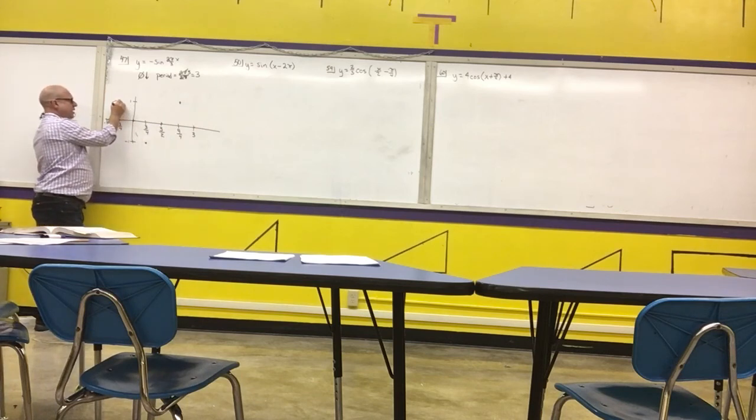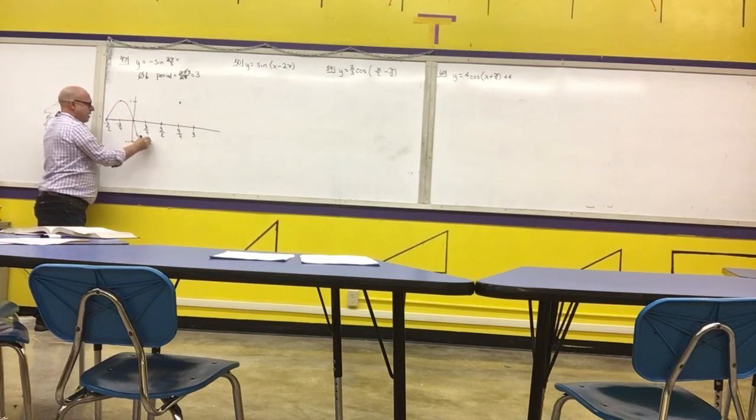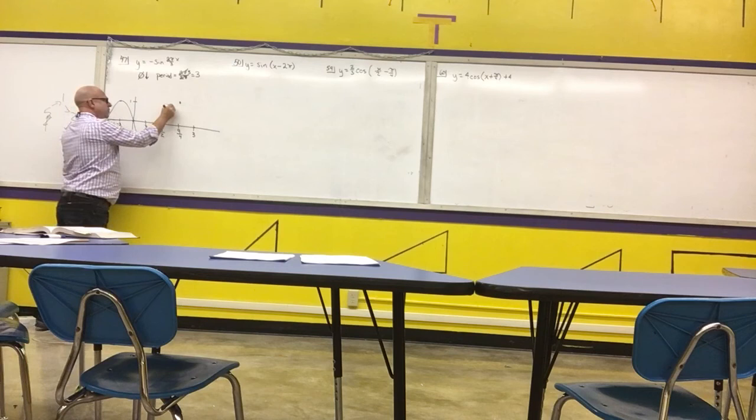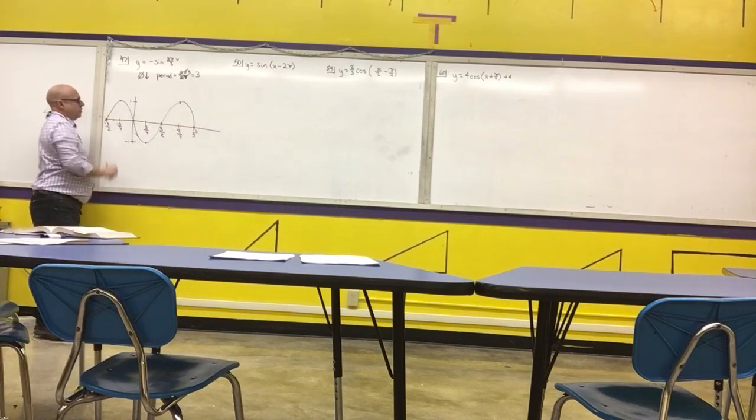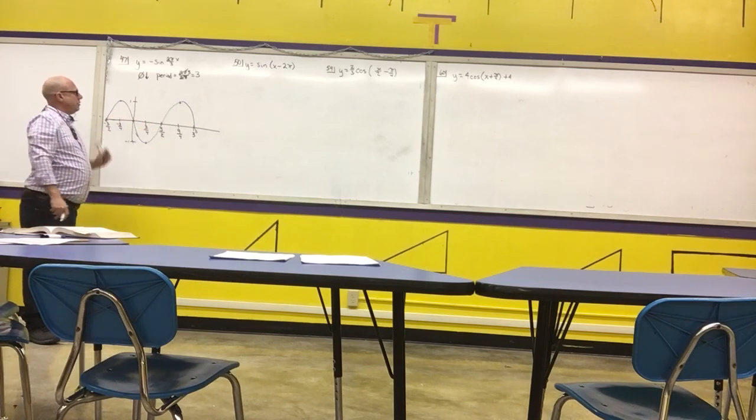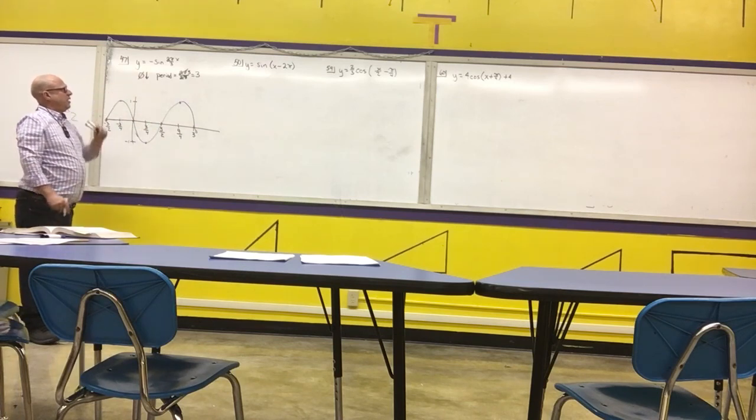Opposite directions for the negatives. And connect them with smooth curves. Arrowheads on both ends. And that would be the graph of negative sine 2 pi thirds x.